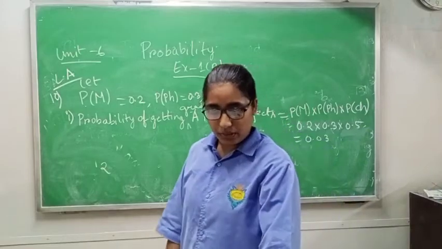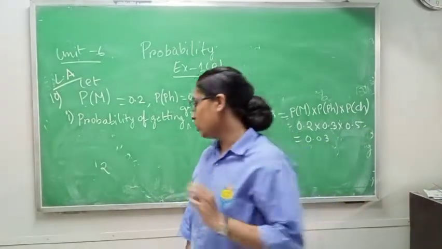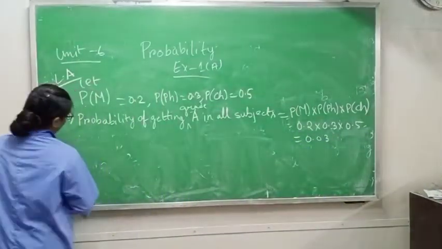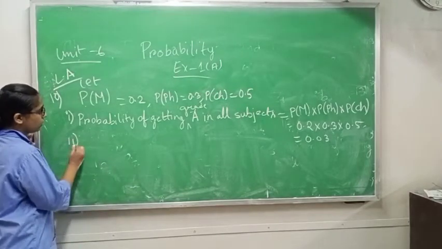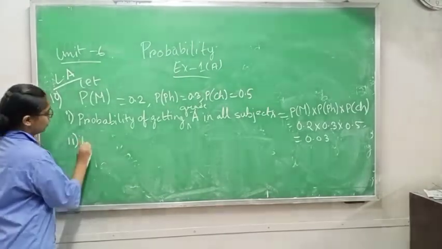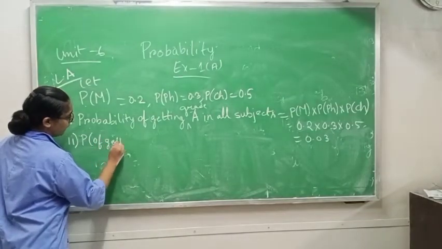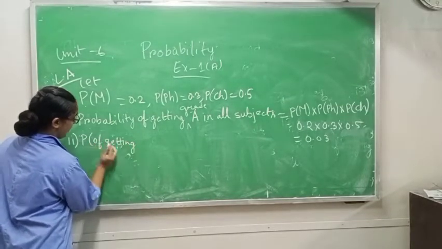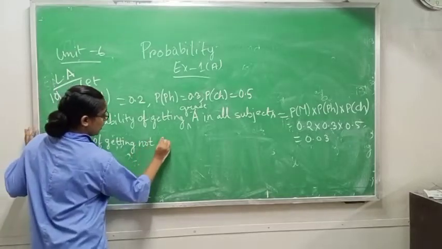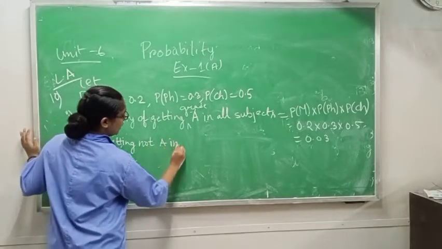Now in the second part, they are saying no subject, means in no subject he or she will get grade A. So first we have to find the probability of not getting grade A in maths.